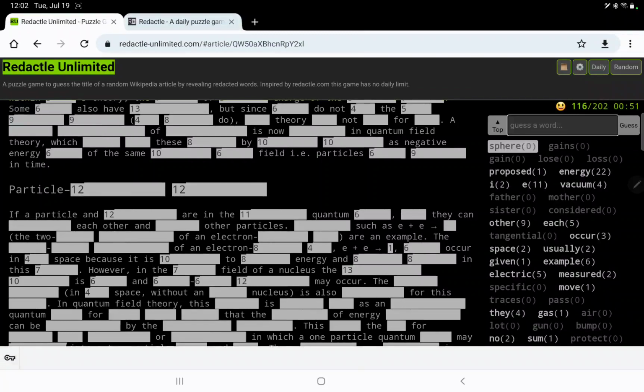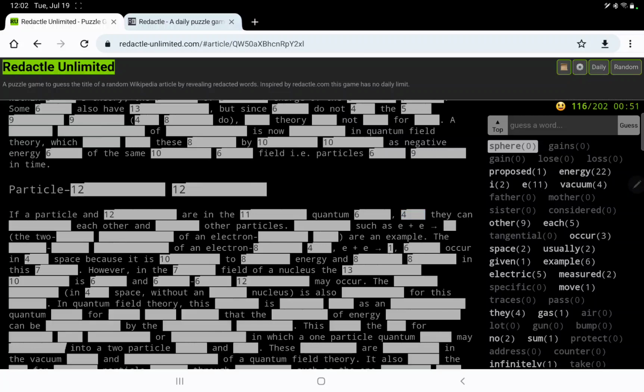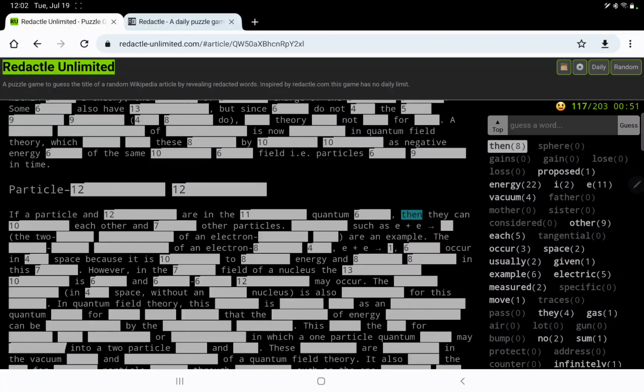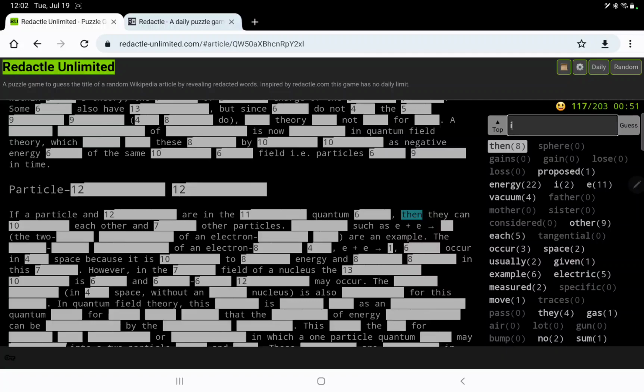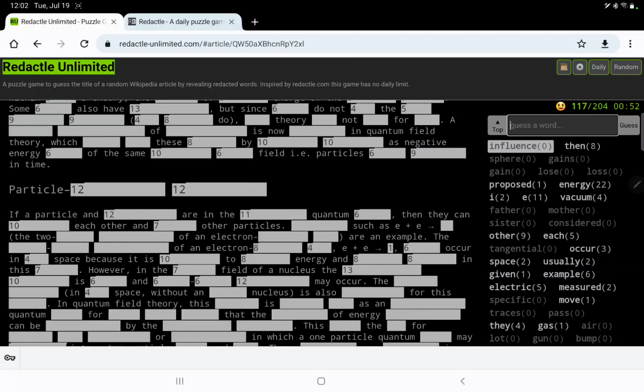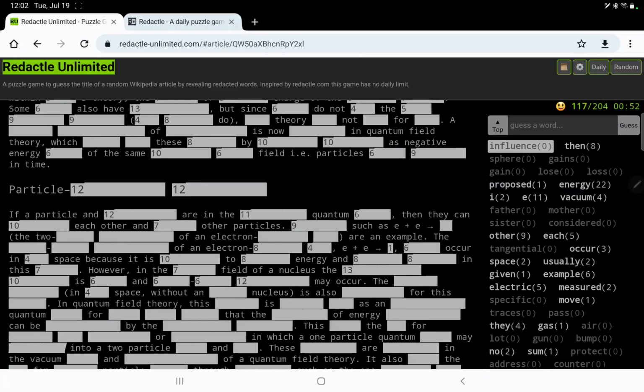No. Then they can something each other, influence, no, something each other and blank other particles.